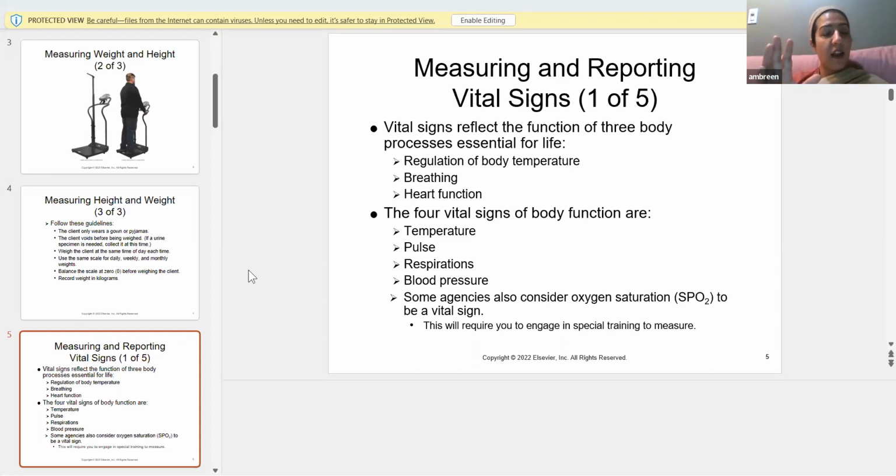At least if you have an idea, yes, the normal vitals are like this. The patient's blood pressure should be between 110 to 120, and then the diastolic should be between 80 to 90. The temperature should be around 36.6, 36.7. It's even okay up till 37.